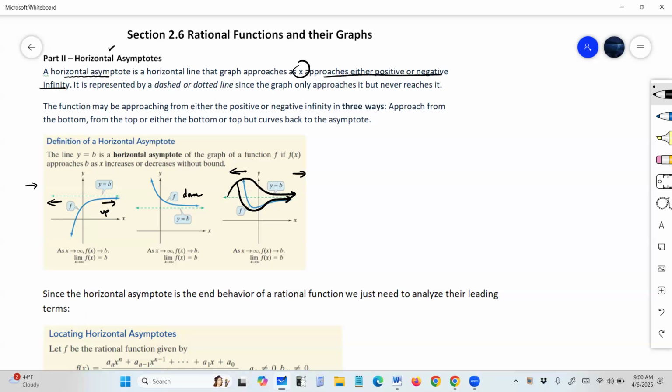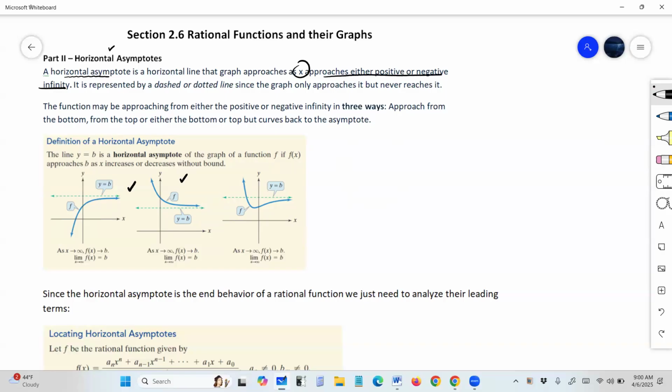Okay, so this is an end behavior of the function, right? And the function is going to approach, it doesn't matter right or left. It just matters if it's going from the bottom up or from the top down. These are the two most familiar cases.